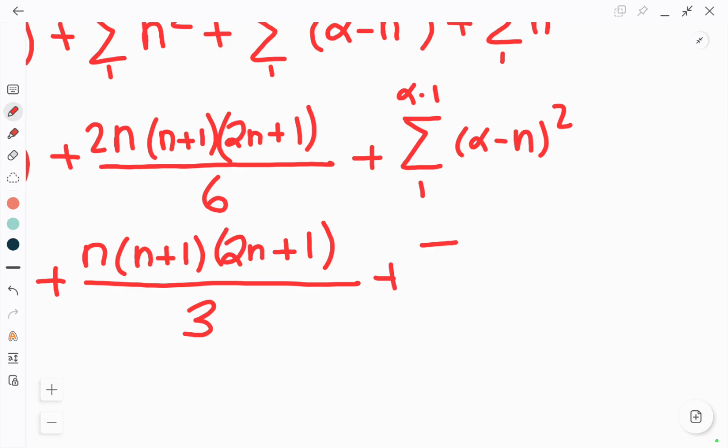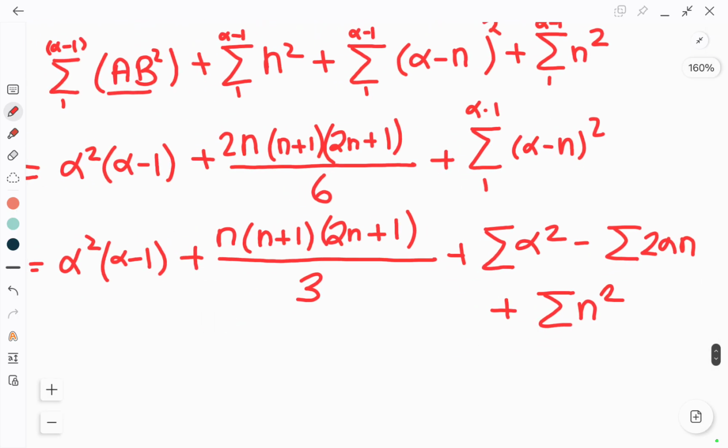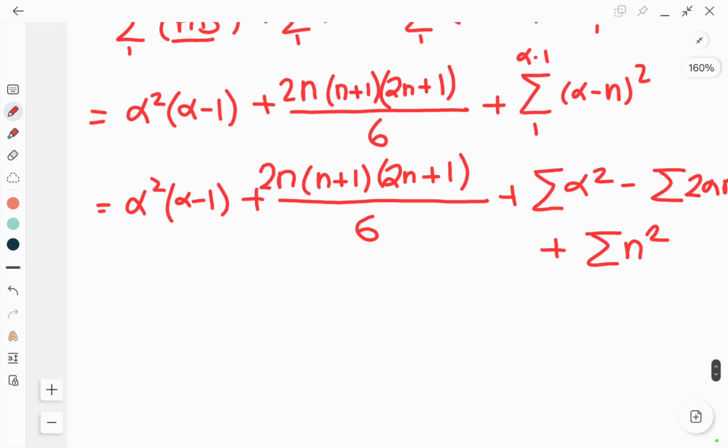plus, now we will also distribute it: alpha square plus 2 alpha n minus 2 alpha n plus n square. Again we are getting an n square, so we will add 1 here.